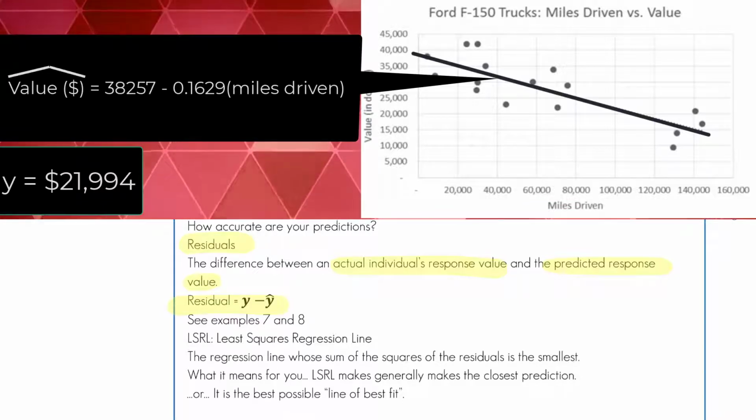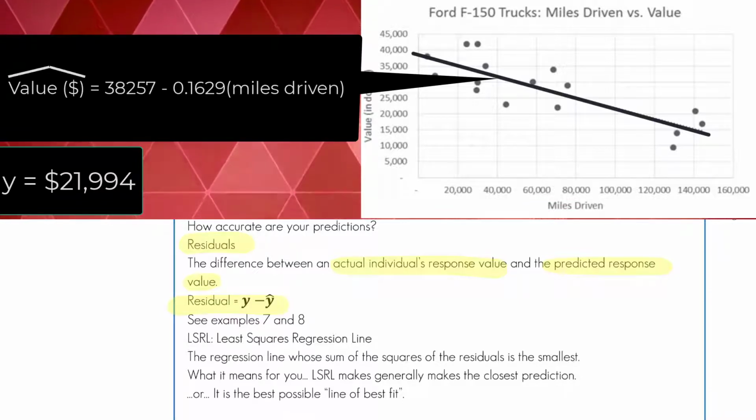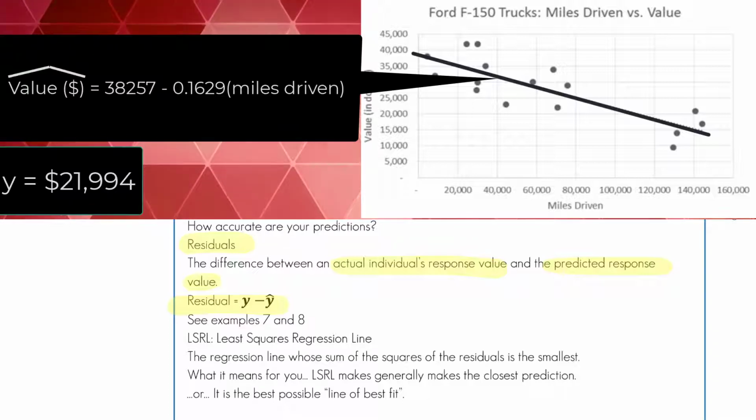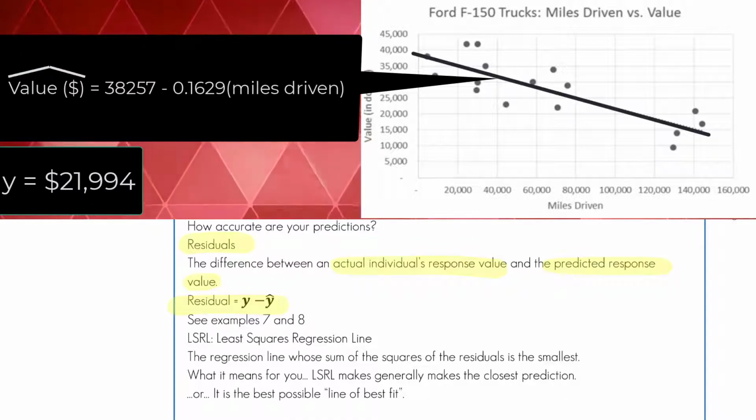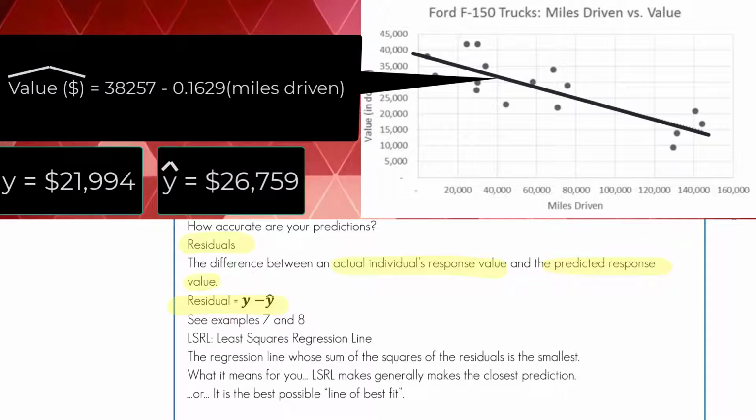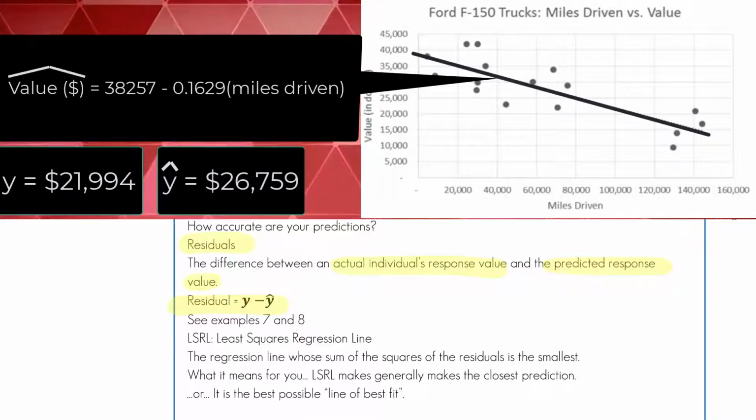If we plug 70,583 into our regression equation and evaluate it, we would get a predicted value of $26,759. Now, that $26,759 is the price of an imaginary truck that is identical to this one at 70,583 miles. Okay? Now let's find the residual.